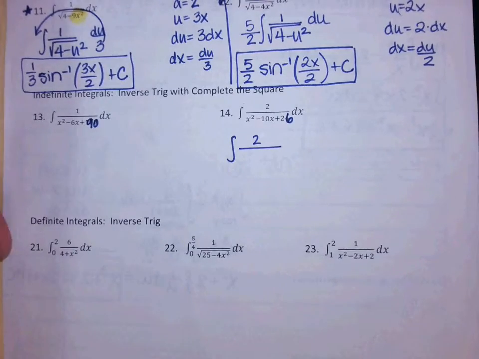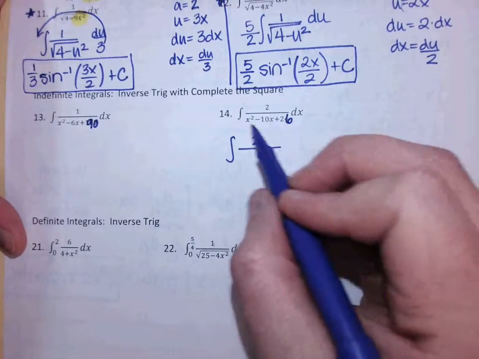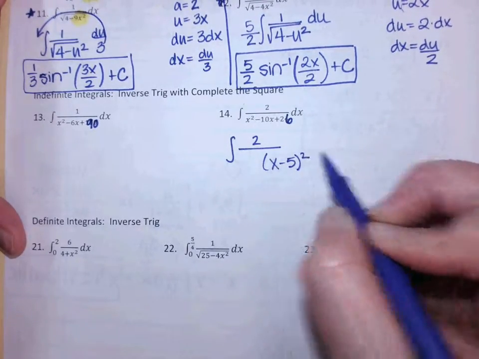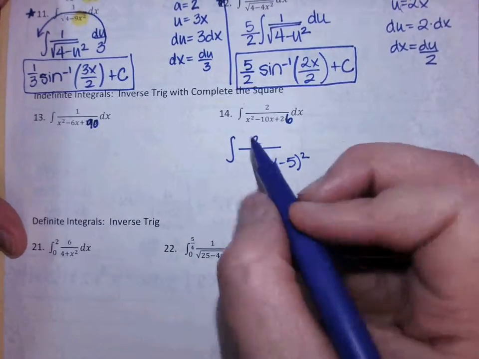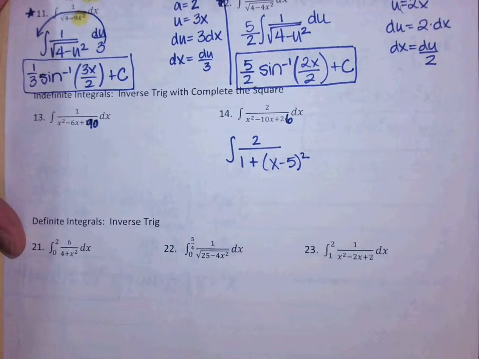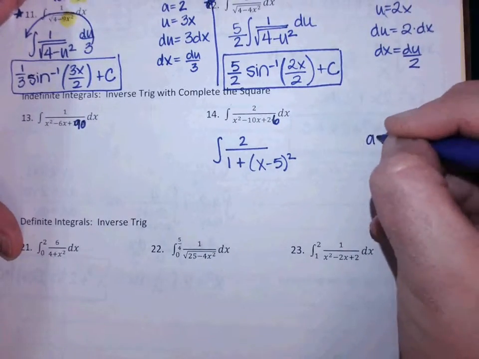So what's your half on the bottom there? What would I take out? x minus 5. What's 5 squared? 25. Take that away from 26. How many are left over? 1 plus. Okay, so I'm going to reverse my order there. And then from there, if this is my a and my u, what's my a? 1.